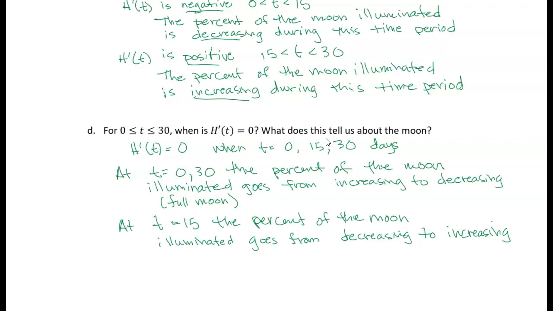So what does that mean? The percent of illumination goes down, down, down until it's basically dark, and then it starts increasing. So this corresponds to a new moon. This is the case where the moon is totally dark. It can't decrease anymore, and from there it just starts increasing until you get to a full moon again.